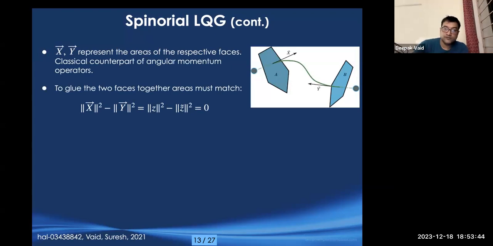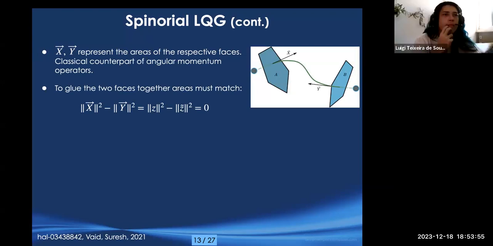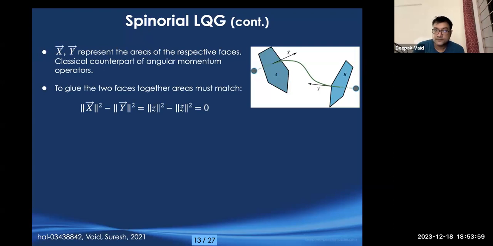You could think of either one or both of these surfaces as being a composite surface, constructed of other quanta of area also. But the point is, to glue them together, the area needs to match. Now, one might say that that is not sufficient. You also need matching between the shape of the surfaces, but we are not going to get into that.